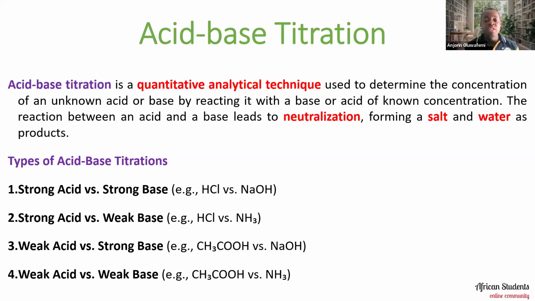Then the third one is the weak acid versus strong base, like CH3COOH and sodium hydroxide. And then the weak acid versus the weak base, which we see when we titrate ethanoic acid and ammonia together. So these are the different types of acid-base titrations that we have.